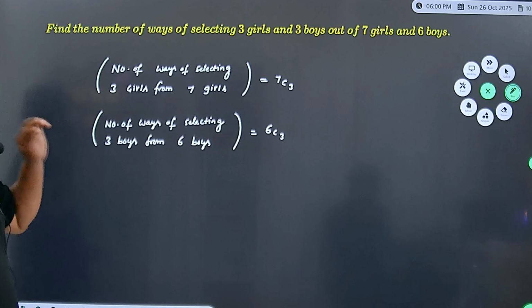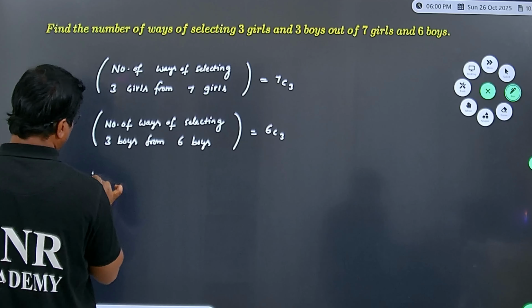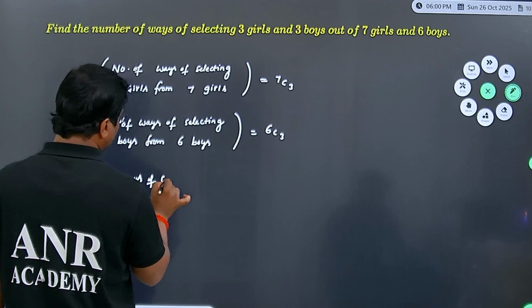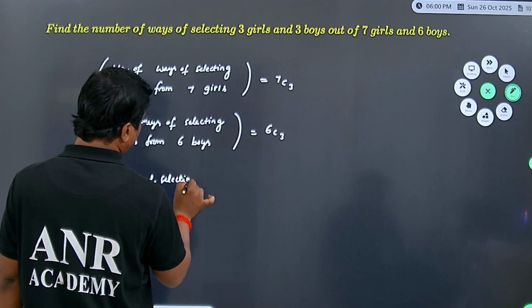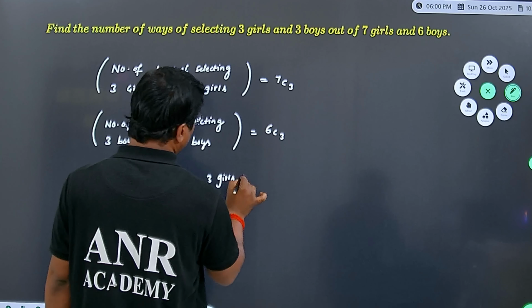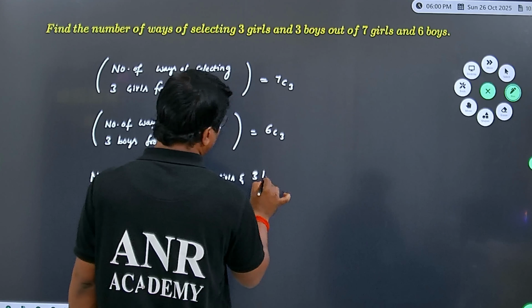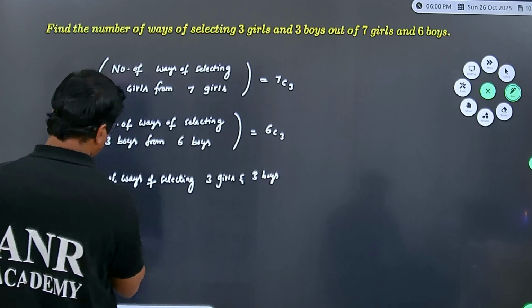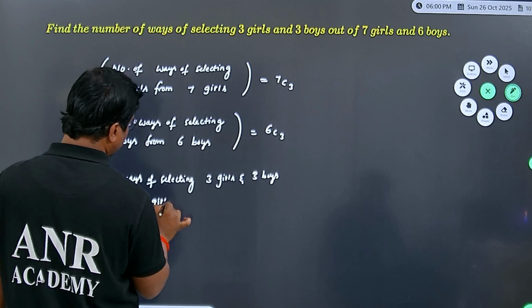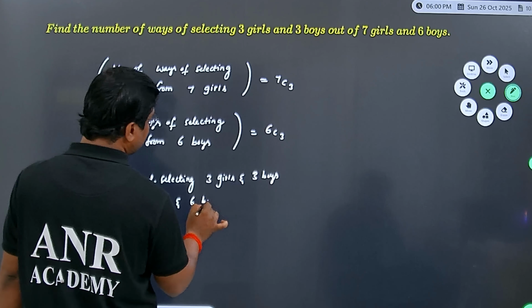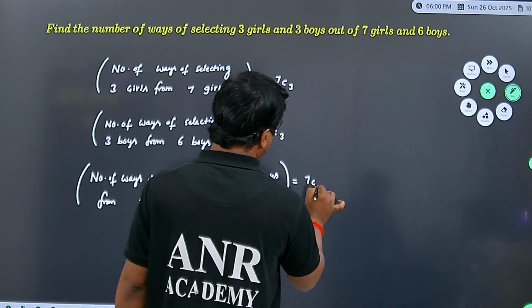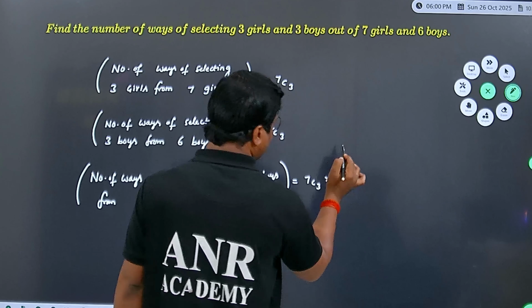Therefore, the total number of ways of selecting 3 girls and 3 boys from 7 girls and 6 boys can be written as 7C3 into 6C3.